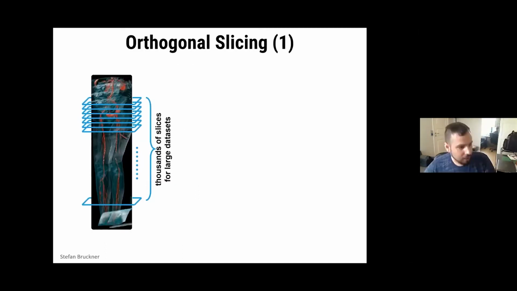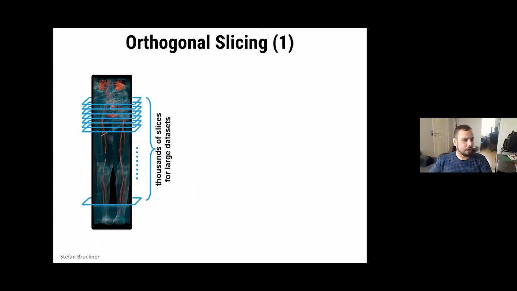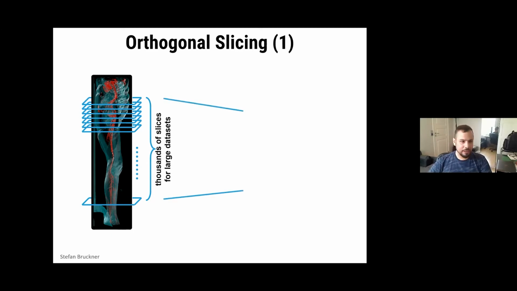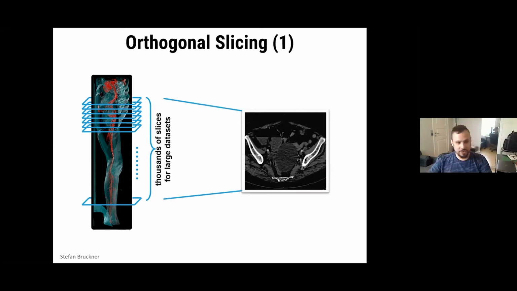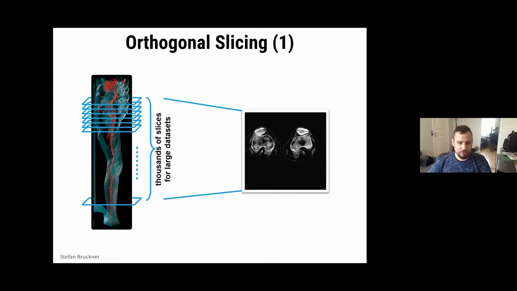And again, we think about a type of data set that may look something like this. So this is a so-called CTA runoff data set. So a large portion of the body is imaged such as this, and this may contain thousands of slices that would then have to be individually screened by a radiologist.